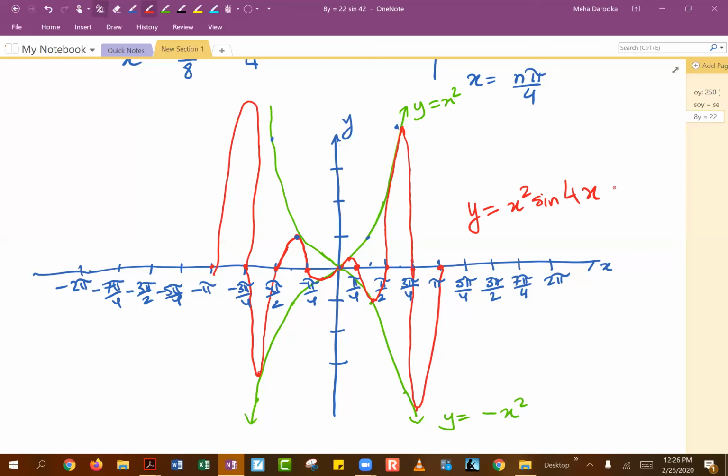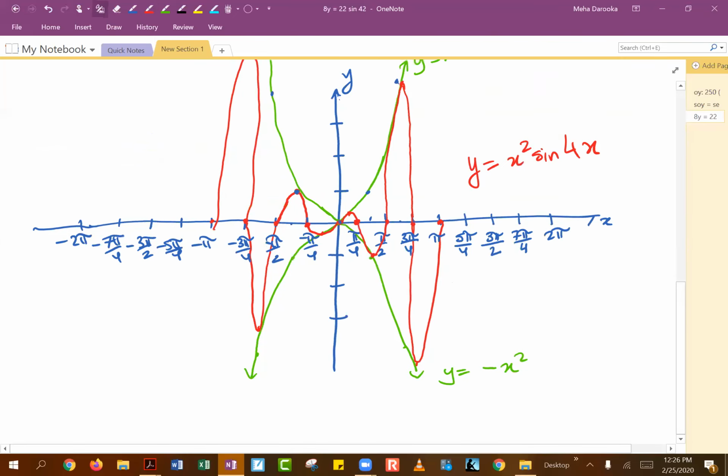A lot of times that damping factor is going to be part of some of these examples you do, so at least we should have an idea of what those functions would look like and how they restrict the workings of the trigonometric function. I mean, just by multiplying x or x squared in your function, you can see how it changes your y values, your graph, extensively.